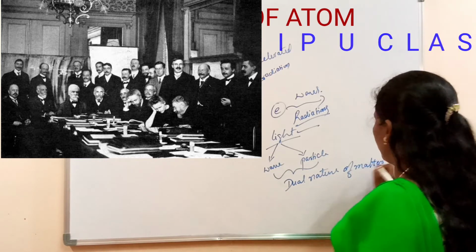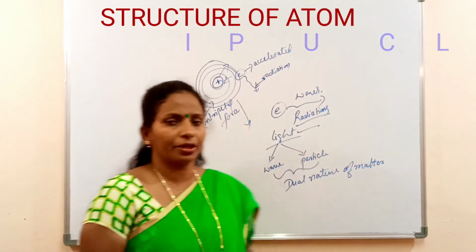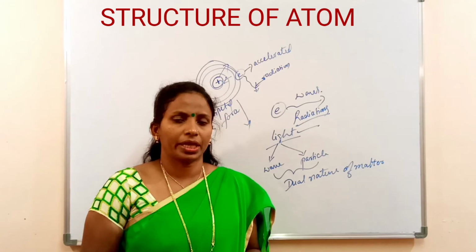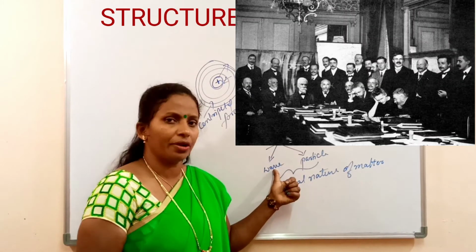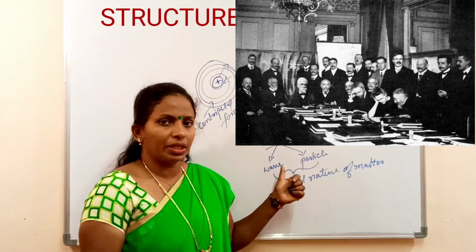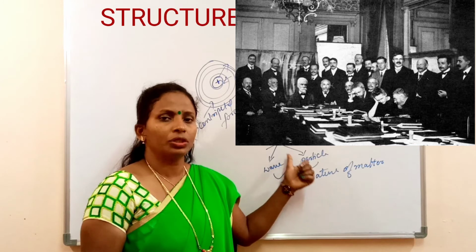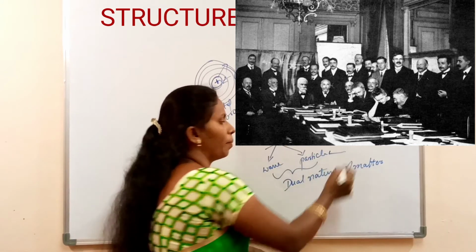For example, in a few properties like reflection, refraction, interference and diffraction, the light acts as a wave. In some other experiments like the photoelectric effect, black body radiation, and collision, the light acts as a particle.